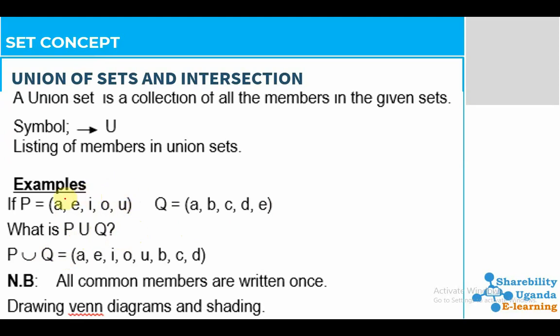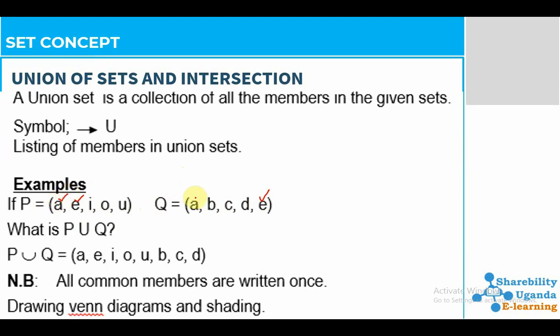And remember, when we are writing these members, we are going to write all of them together, but there are members who are intersecting. Can you look at those members? I'm going to give them a tick. This one is the same as this one. Also, we have this member.